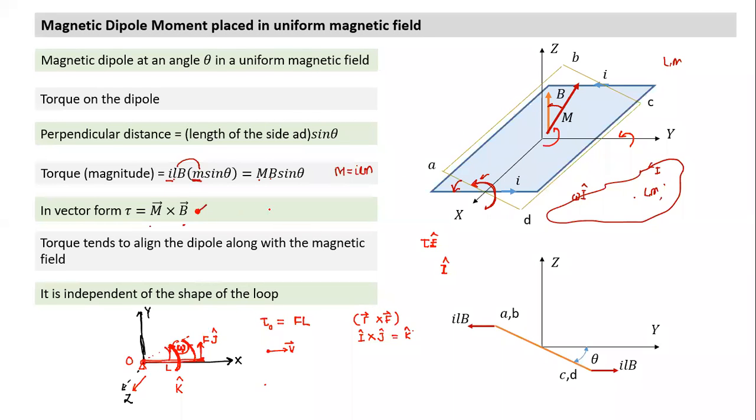An electric dipole has positive and negative charge; this doesn't. Despite not having positive and negative charges, its behavior is similar to a dipole. Any current carrying loop has properties similar to an electric dipole. Torque is also similar: in the case of an electric dipole it is p cross E, here it is m cross B. Okay, so that's what it is.